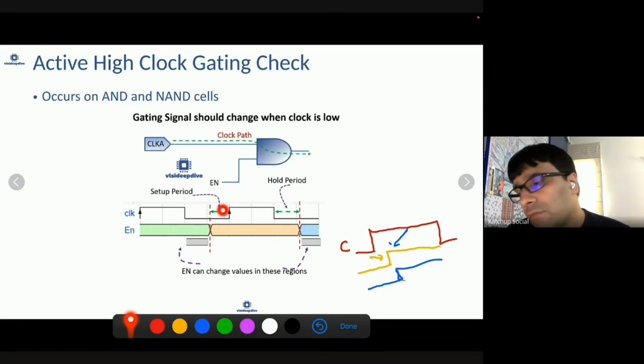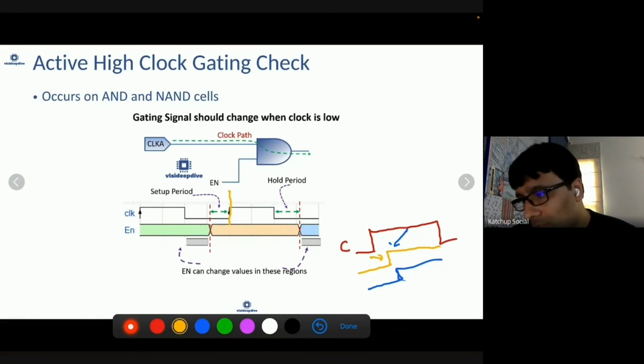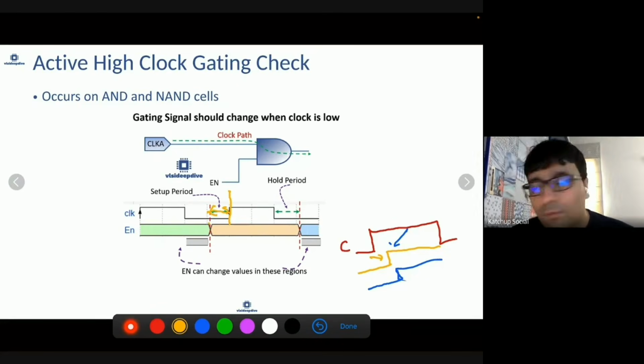So the clock gating check will check that enable, during the setup check, becomes stable sometime before the clock rising edge. What that time is, is defined by constraints, global level constraints, or the clock gating cell's logical library value.